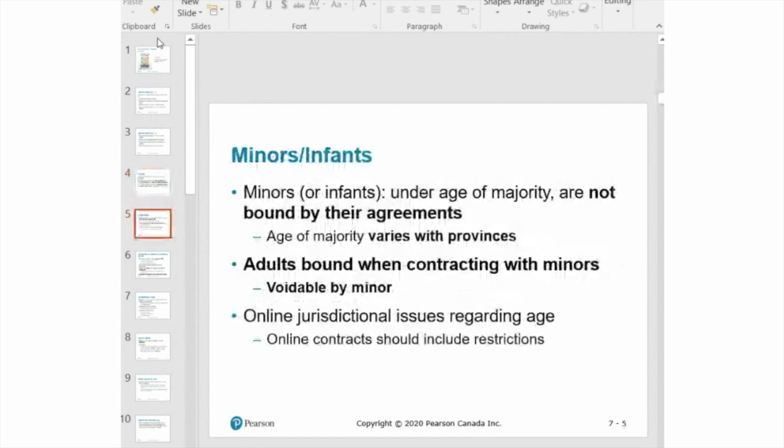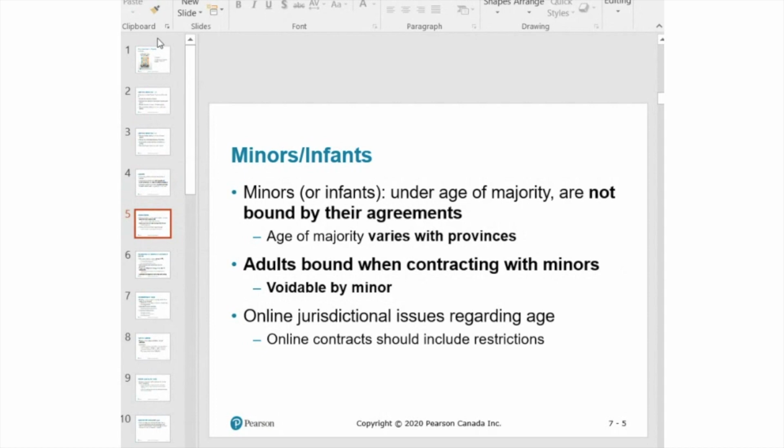So the first issue we look at is minors and infants. Here in BC, you are a minor until you turn 19. After you turn 19, you become an adult. When there's a minor in a contract, the contract is voidable.